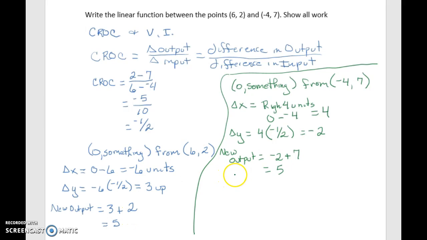Now that we know the vertical intercept, so our vertical intercept is 0, 5. And again, you don't have to find both of them. I was just verifying that it doesn't matter which point you use.